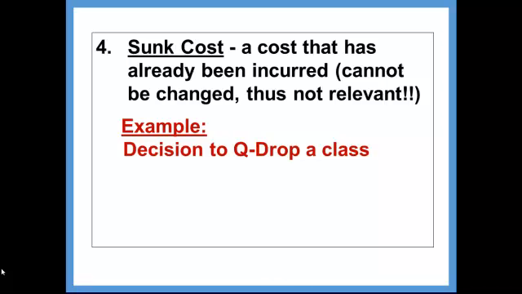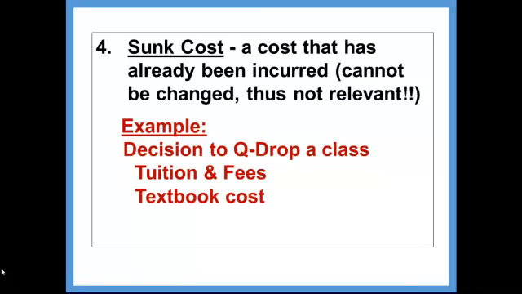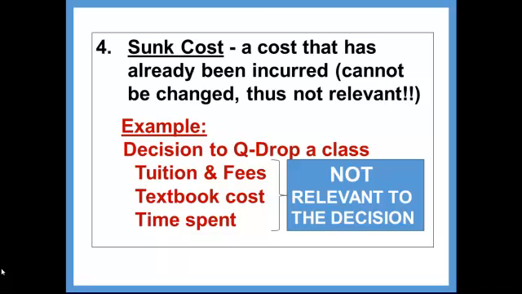And if we decide, well, maybe it is best to go ahead and drop the class, the student will begin to say, well, I've paid tuition and fees on that class, or my parents have. I've bought the textbook, and I've spent a lot of time. These are all sunk costs. They're not relevant to the decision.